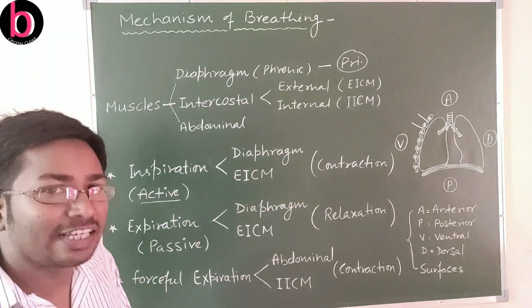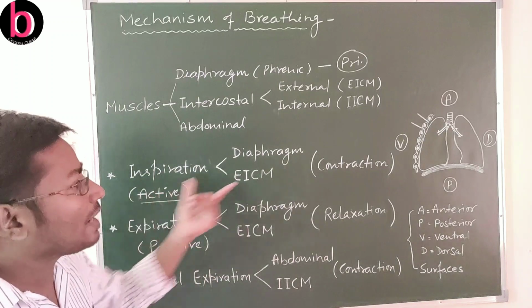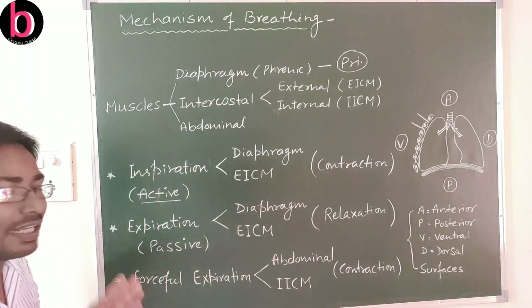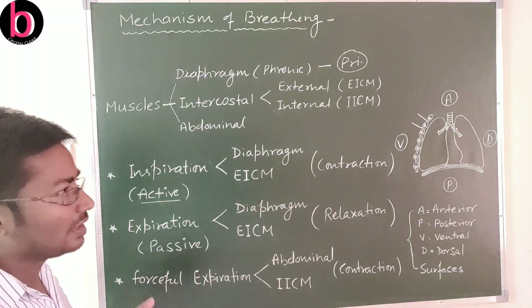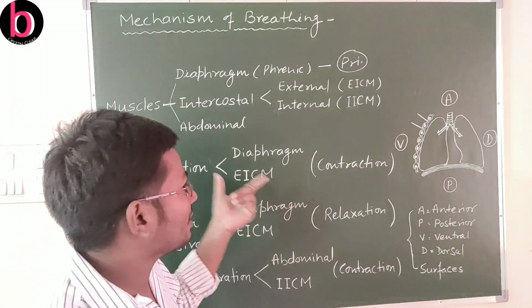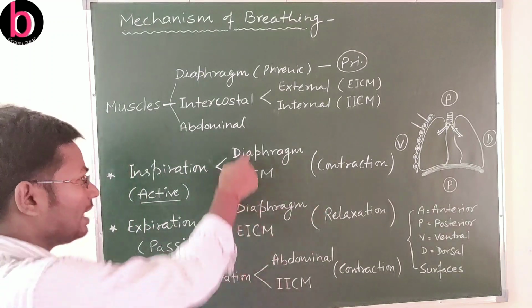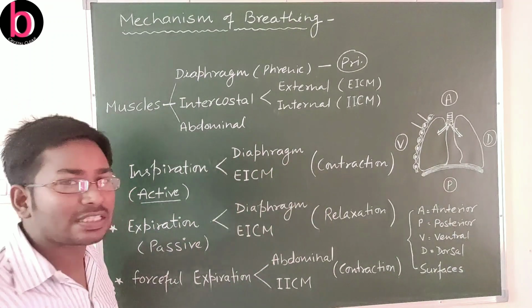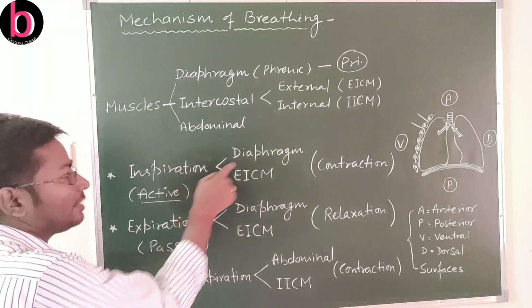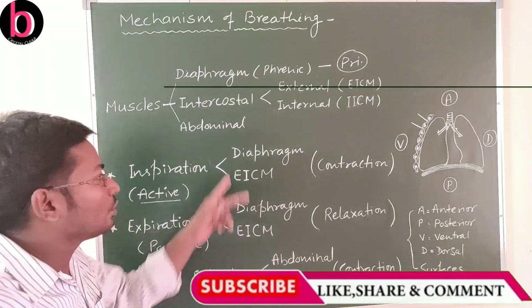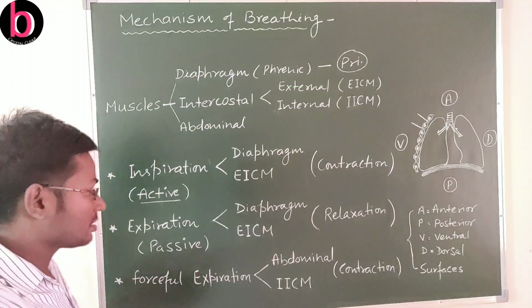Because for contraction there will be requirement of energy currency, that is ATP. Later on we will discuss what changes occur during the contraction of these two muscles, and that's why both these muscles are known as inspiratory muscles. They both are responsible for inspiration.